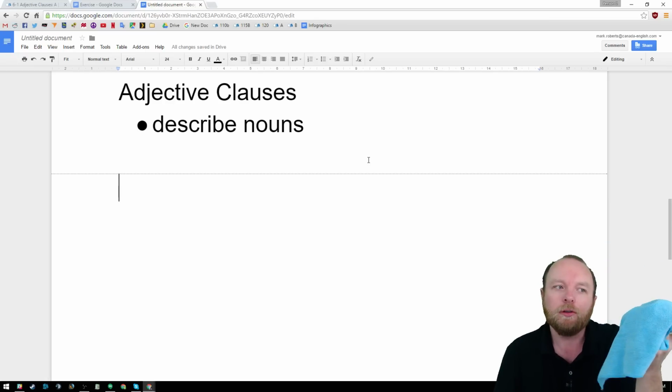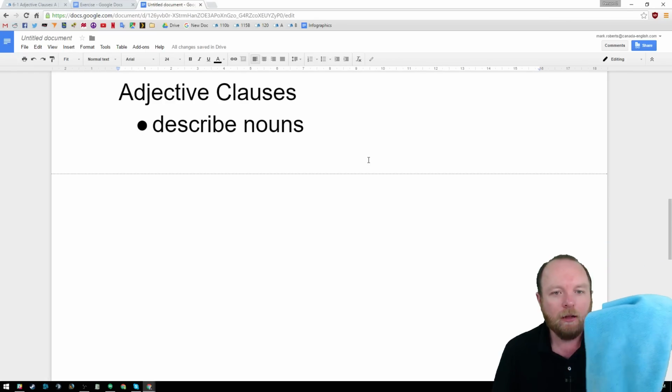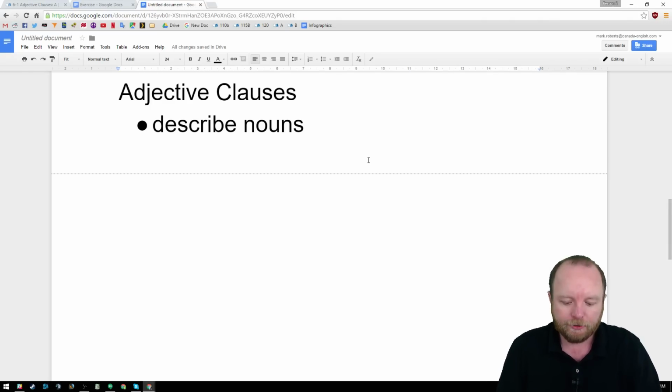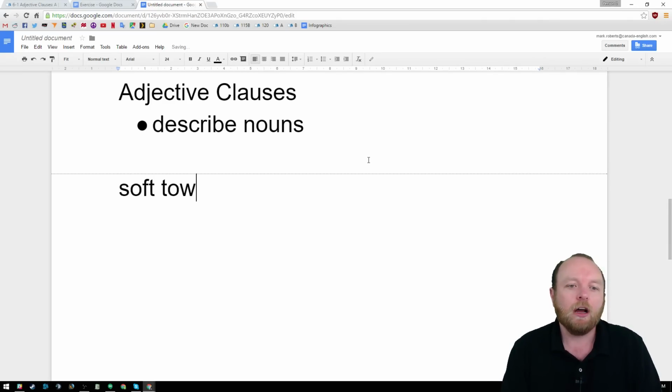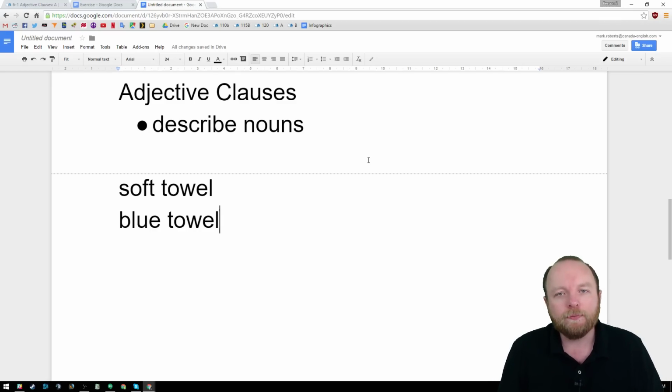What is one word to describe it? Well, blue or soft. So this is easy. Soft towel or blue towel, right? That's no problem. So towel, we want to describe it, no problem, soft or blue.